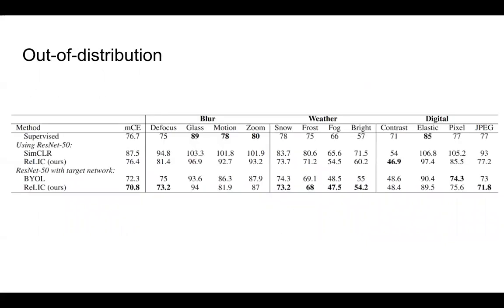So theoretically, it will help the out of distribution task. And in their paper, they also do experiments under this setting. It looks like there's some improvement. Yeah, this one I also agree is much more interesting.